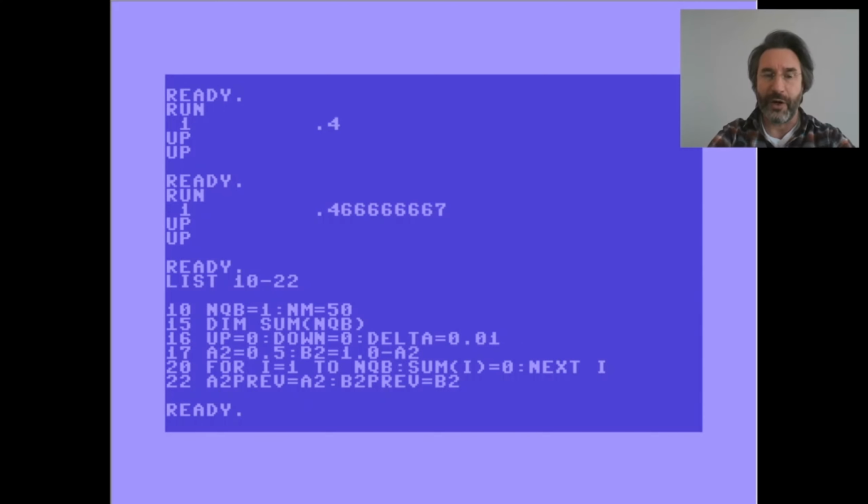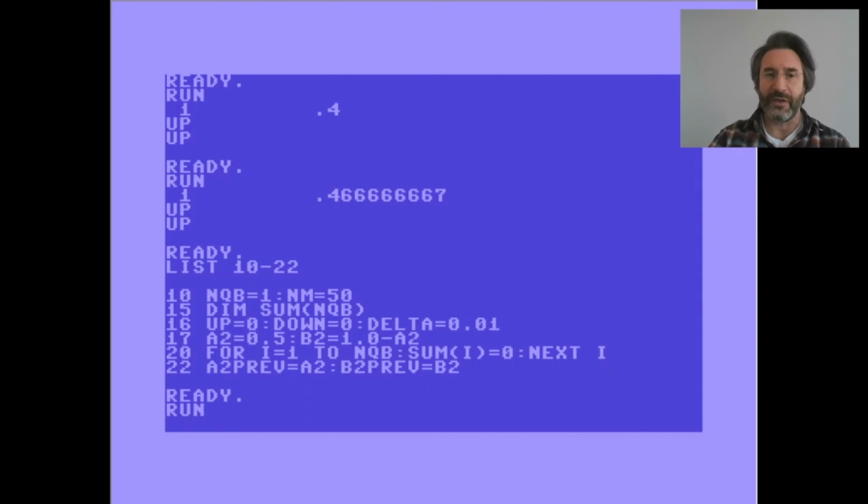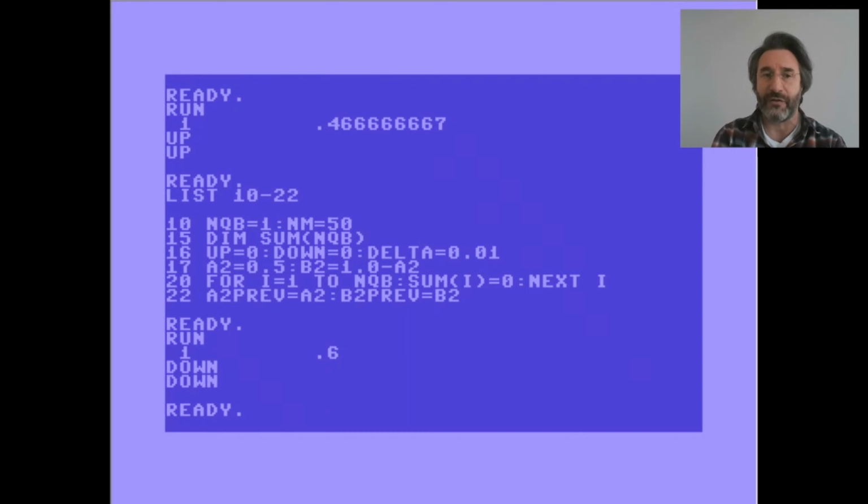If we rerun this, we are going to see that the results are different because now we have the effects of decoherence. We have a probability that is 0.6, so this is getting in a different direction.